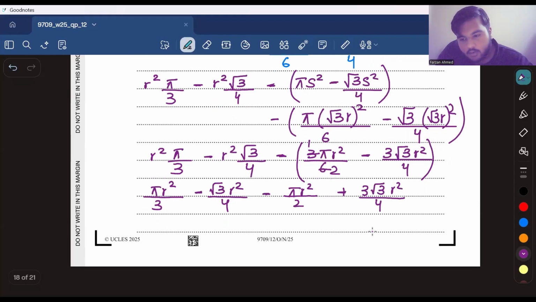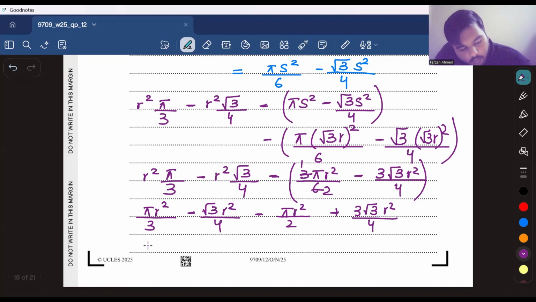Okay, so from this r square will be common, so r square, pi upon 3 minus square root of 3 over 4 minus pi over 2 plus 3 square root of 3 over 4.